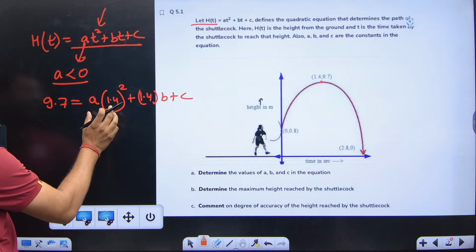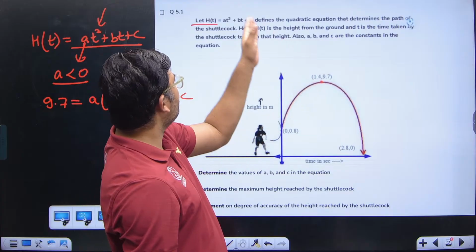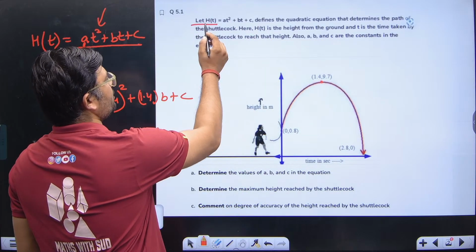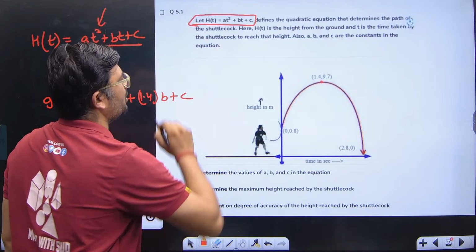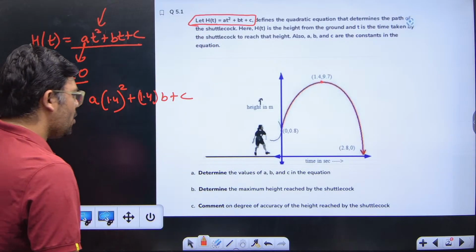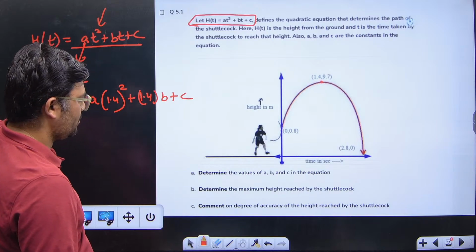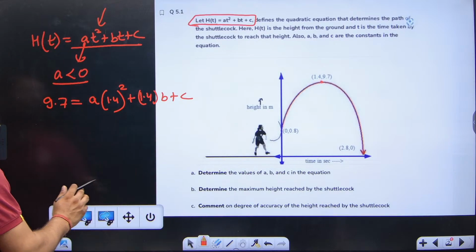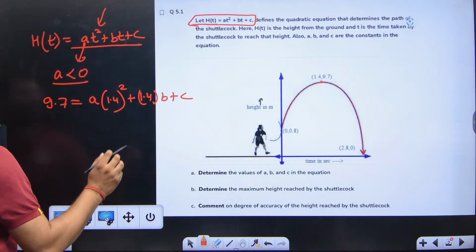I just substituted the value of t and the height in this particular polynomial. Understood? Why did you use 1.4? I could have used some other as well. I will use all three, don't worry.